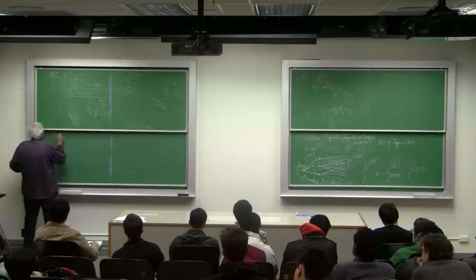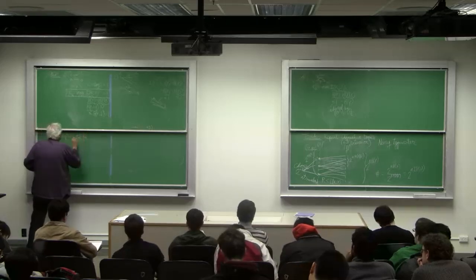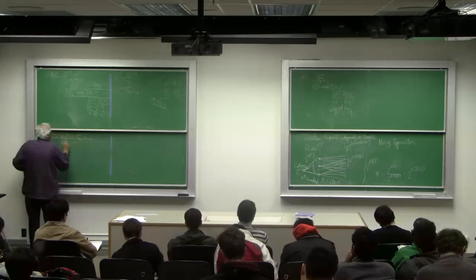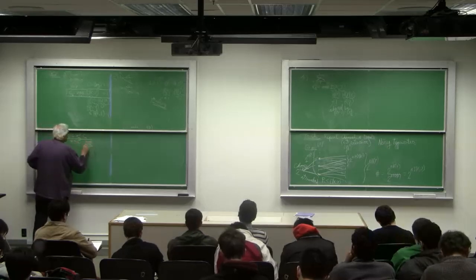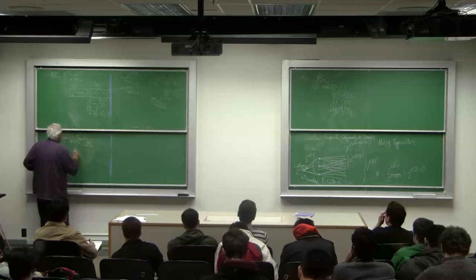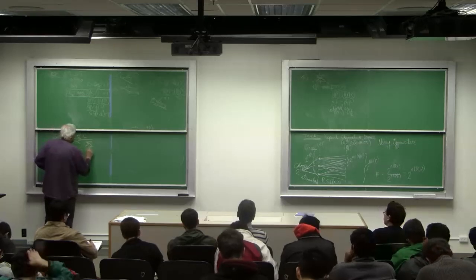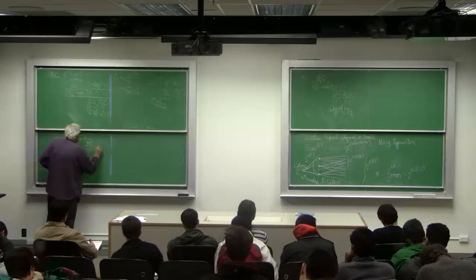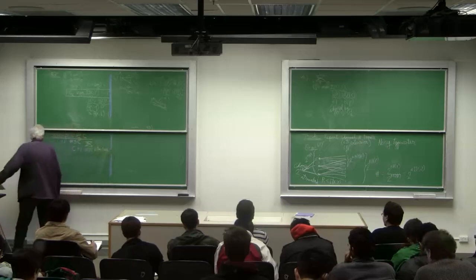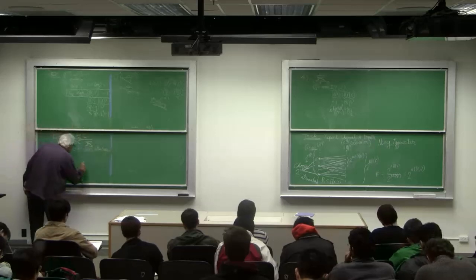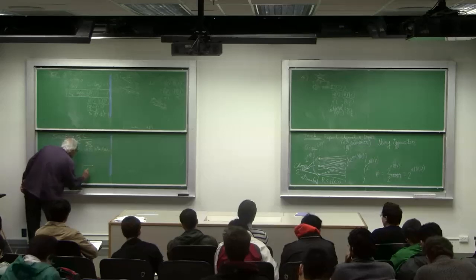Examples of C. 1, a binary symmetric channel with crossover probability P. C is 1 minus h of P bits per use. What does that look like? Here's 0, 1, and here's P.